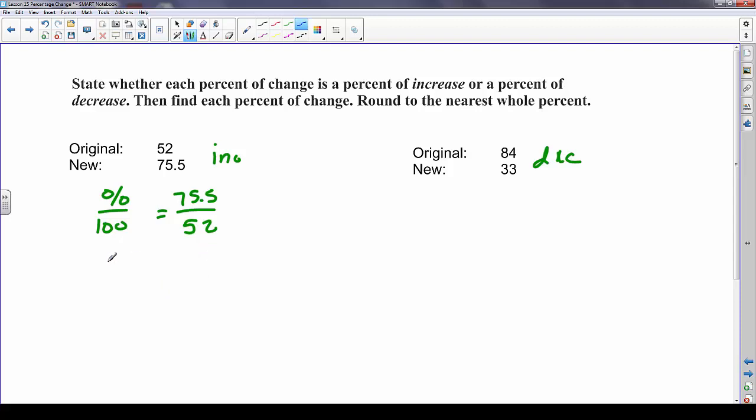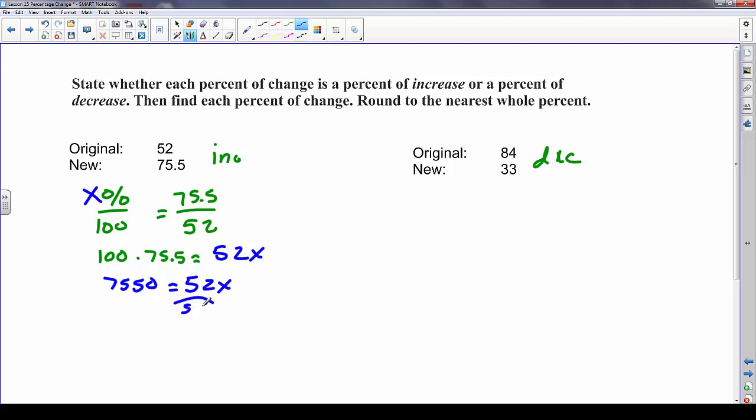So now I'm going to take a cross product. Multiply 100 times 75. That should be equal to, I'll call this unknown percentage x. Put an x right there. So that's equal to 52x. This is going to be 7,500 is equal to 52x.